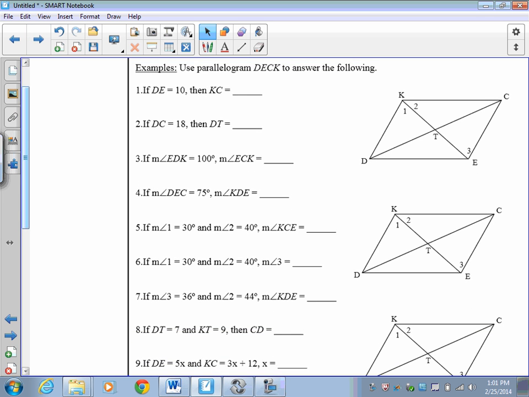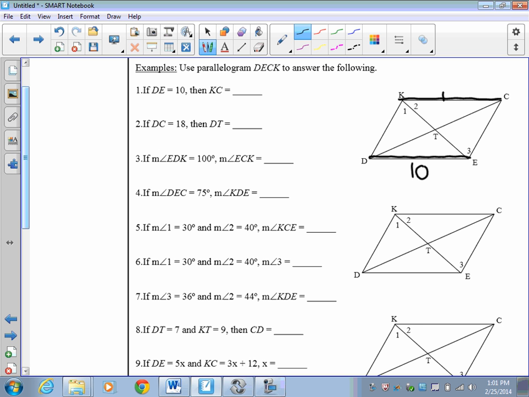So we have the parallelogram DECK, and if we're told that DE is 10, so it's right here, KC has to be what? So remember, parallelogram opposite sides are congruent, so that means KC has to be 10. So let's erase this.